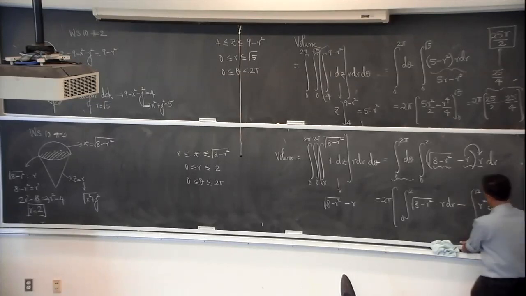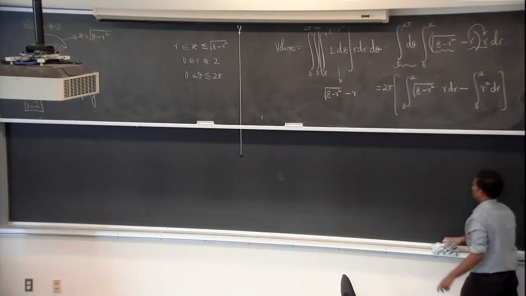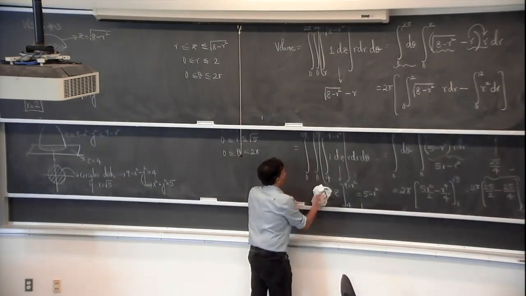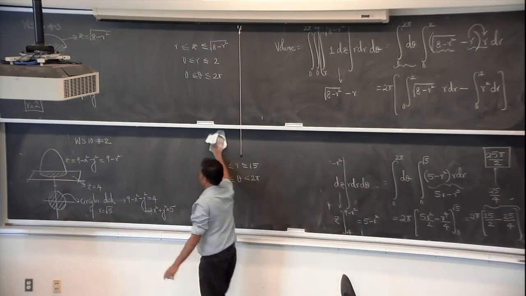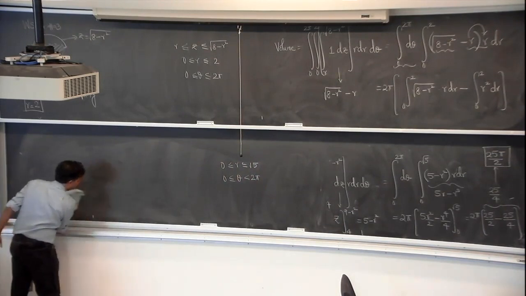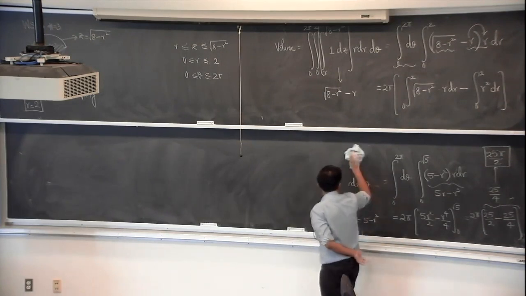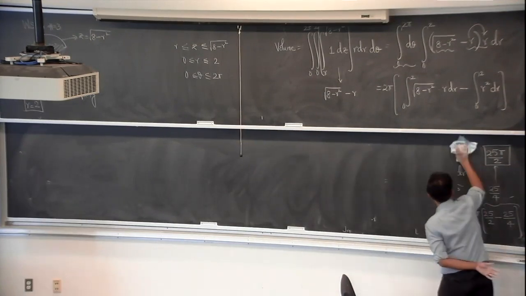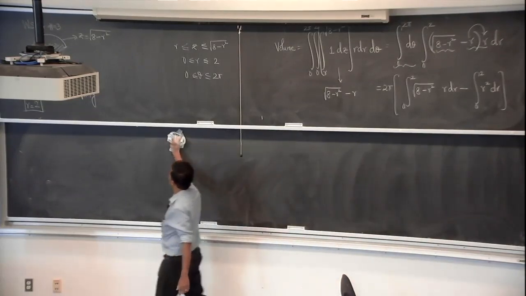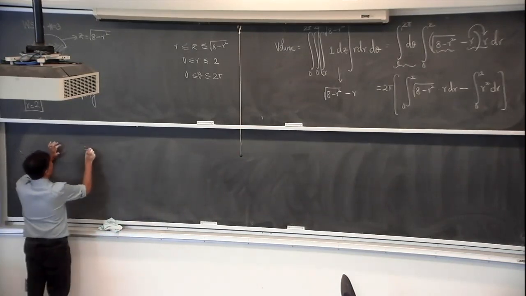It's just r to the 3 over 3. So let me just write it here, 2 pi.